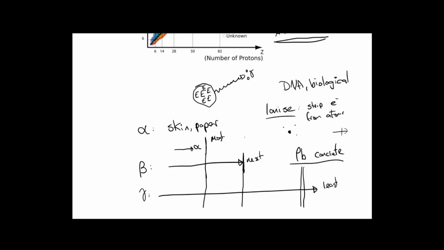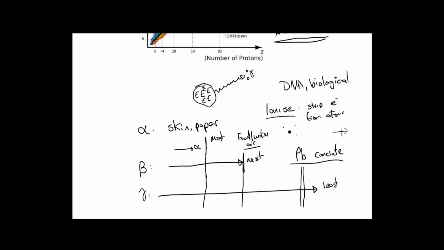That does not mean that it's not dangerous. You do not want that getting in your body in the form of your food or your water, or in your lungs through the air. If it gets in, it's going to stay in, and it's going to ionize.